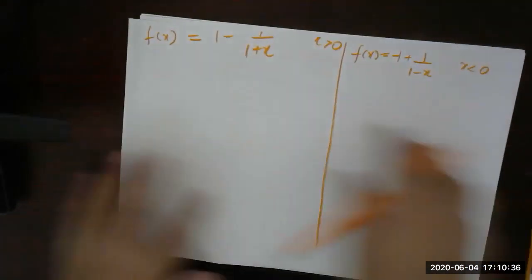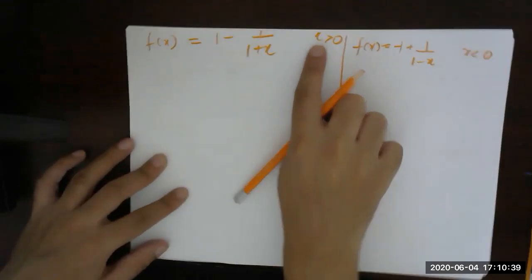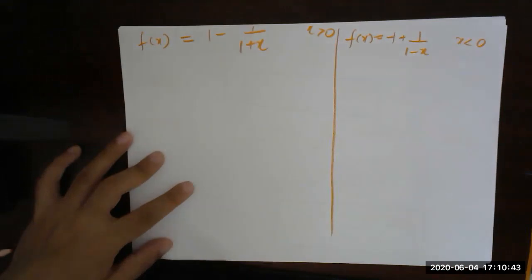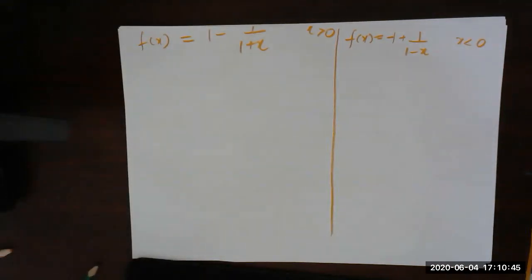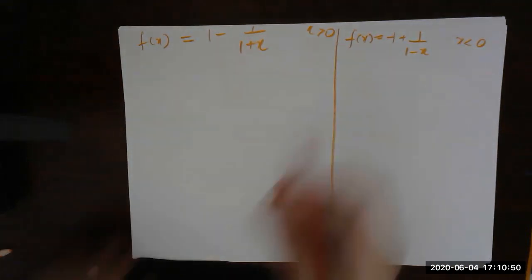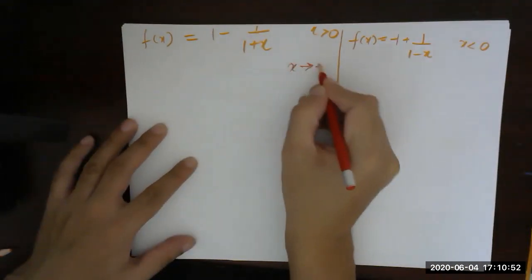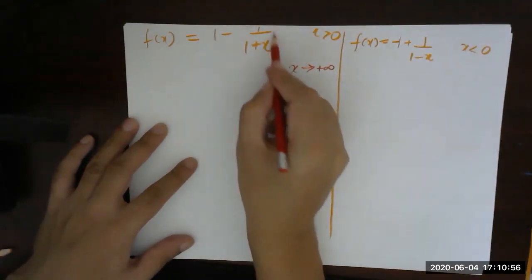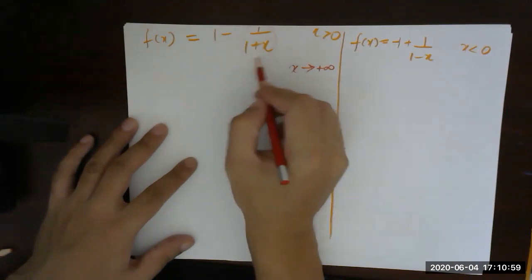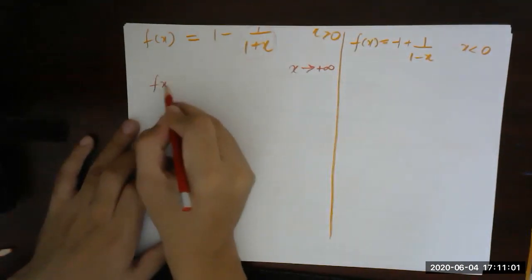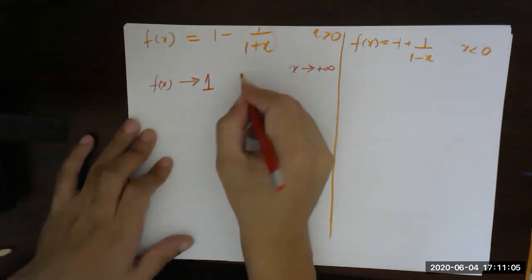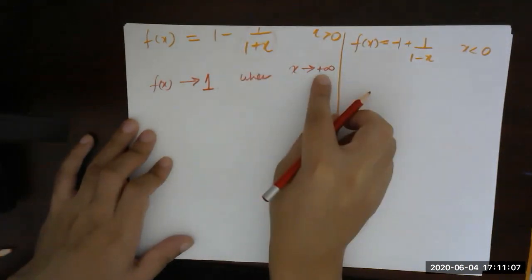Okay, so for x greater than 0, let's move from plus infinity. When x is tending to plus infinity, this whole thing will tend to 0. So that means f of x will tend to 1. It will try to reach 1 when x is tending to plus infinity.